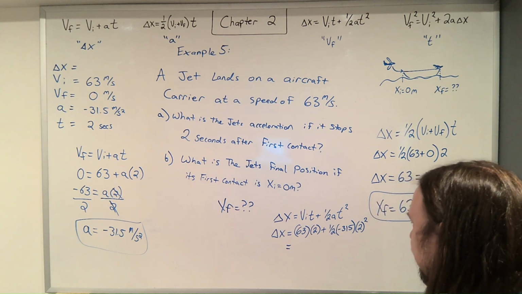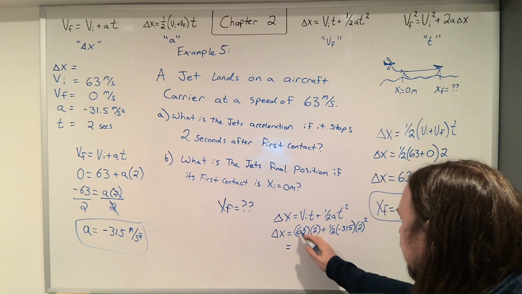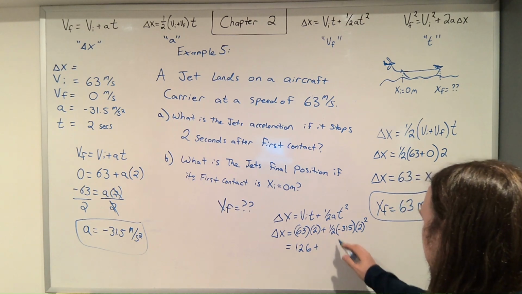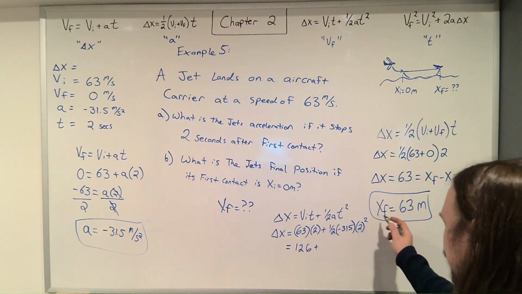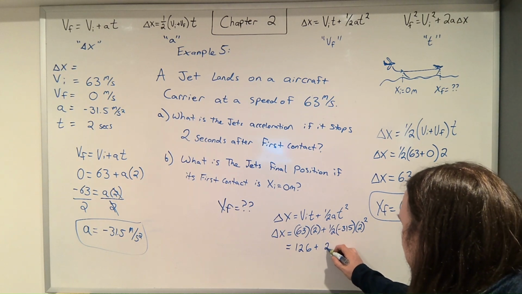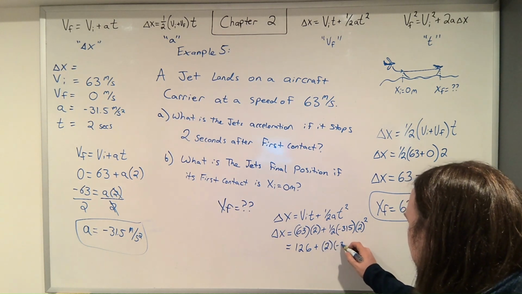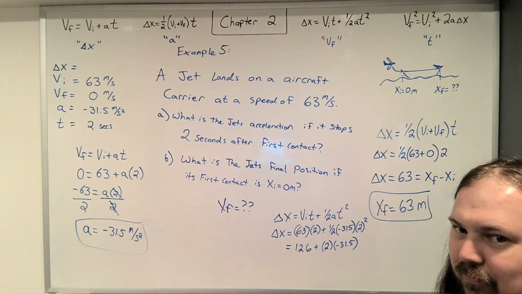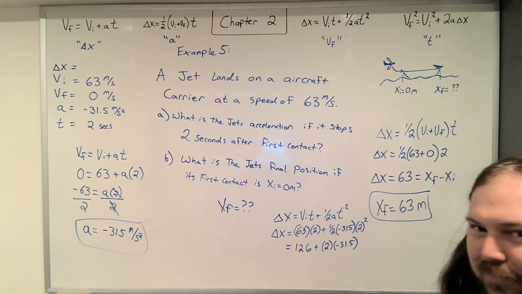So if we go through this, I'll have 63 times 2. So that's 126. Okay, 1/2 multiplied by 4 is going to give me a 2 times negative 31.5. Okay, are we seeing it now? It's starting to come in, maybe, hopefully.